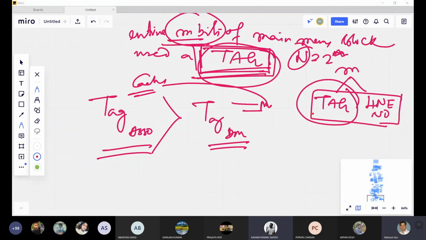Sir, like in direct mapping, block B0 can only go into line number 1, suppose. But if we again get B4, then we have to add it in line 1 only, even if lines 2, 3, 4 are empty. And this is the conflict misses, the story of conflict misses you're telling. Yes. But from a hardware perspective, do you get any advantage?